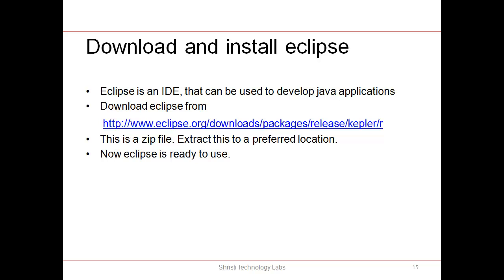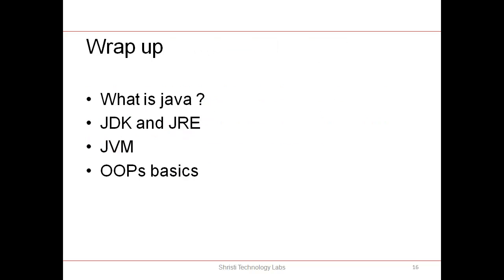Eclipse is an IDE, Integrated Development Environment. It helps to develop Java applications. You can download Eclipse Kepler from this link. This is a zip file. Extract this to a preferred location. You can have the shortcut on the desktop. Now Eclipse is ready to use.